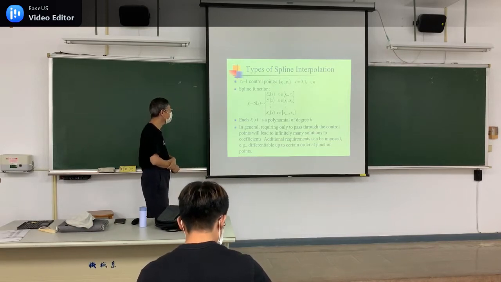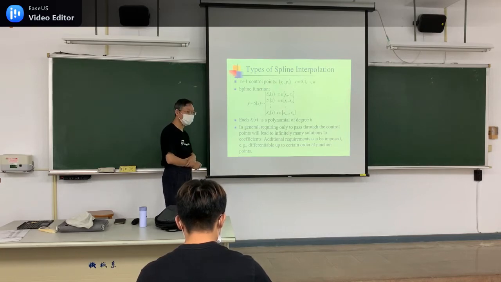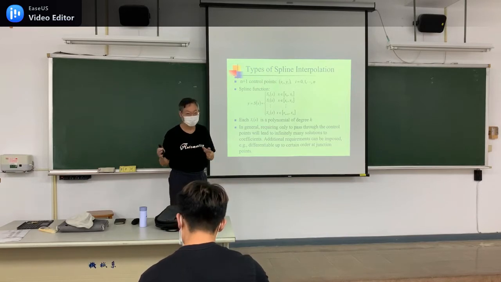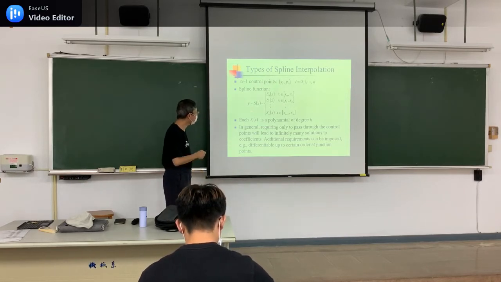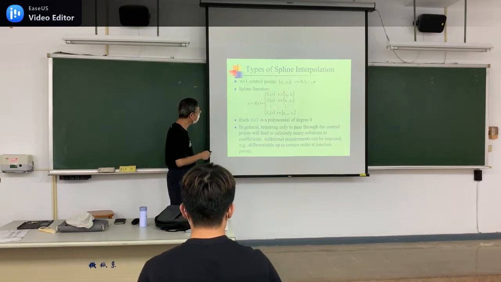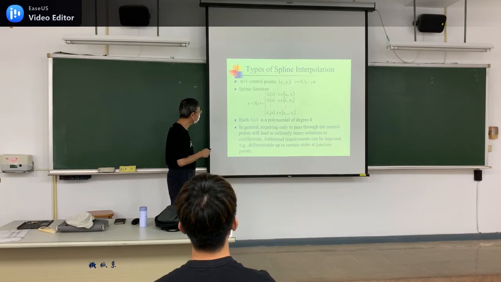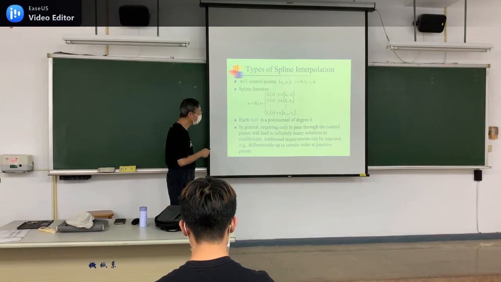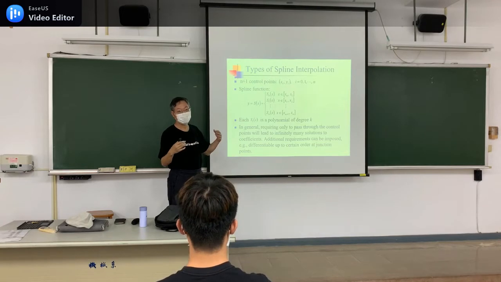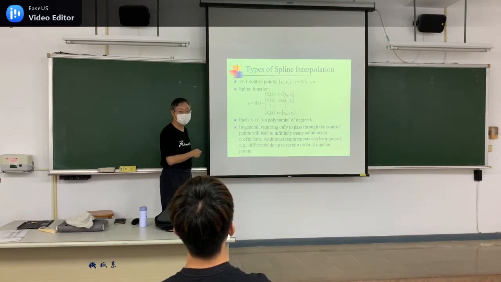And the spline function normally consists of several segments connected together. So the overall spline may contain n parts, from one control point to another. From one control point to another, you have a smooth function, and between them there are some conditions required, for example, differentiability at the connecting point.